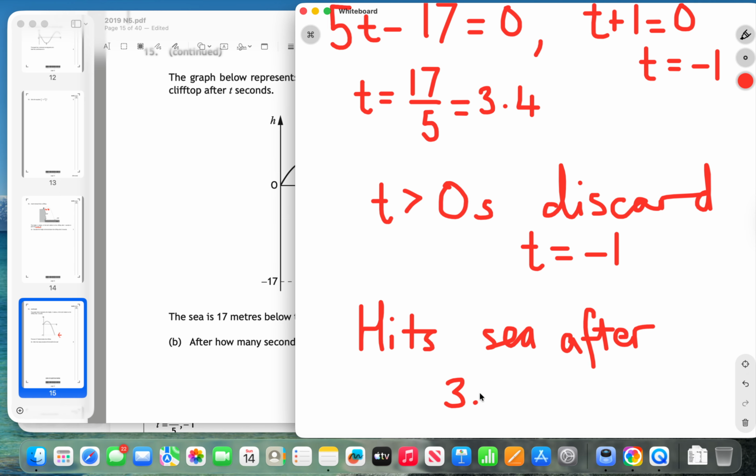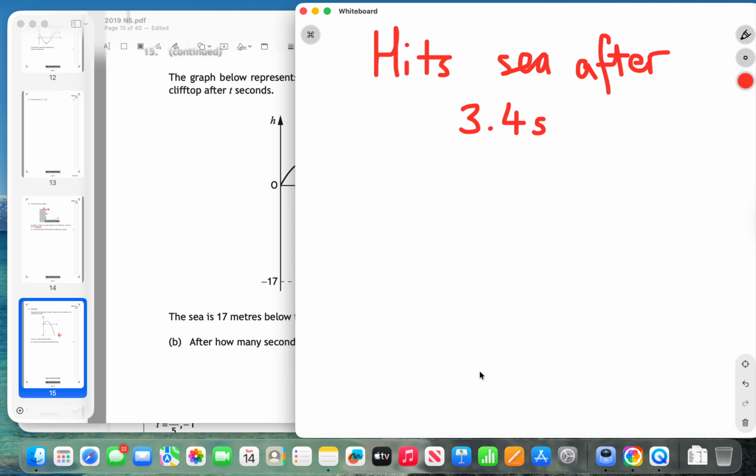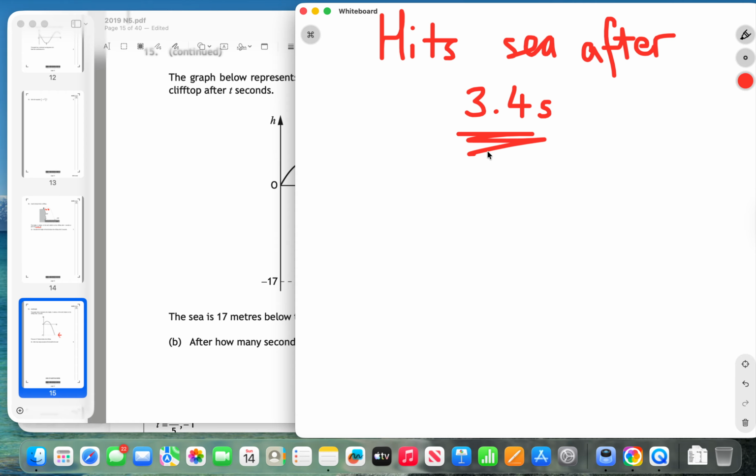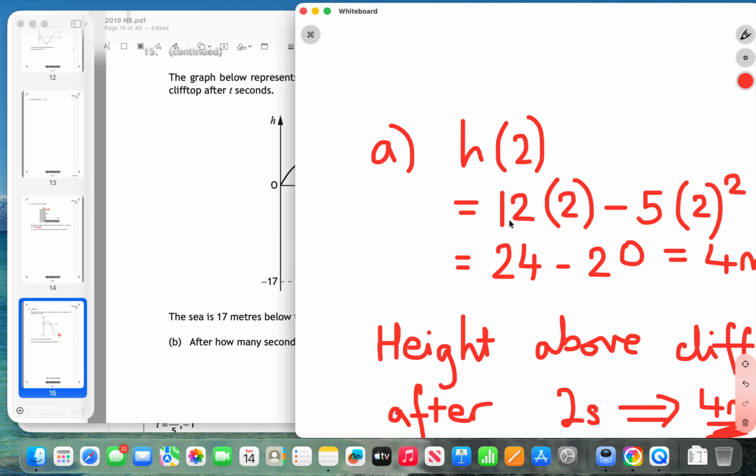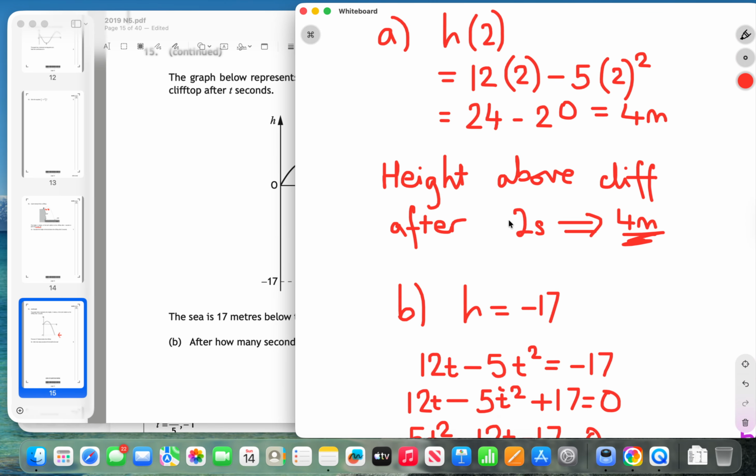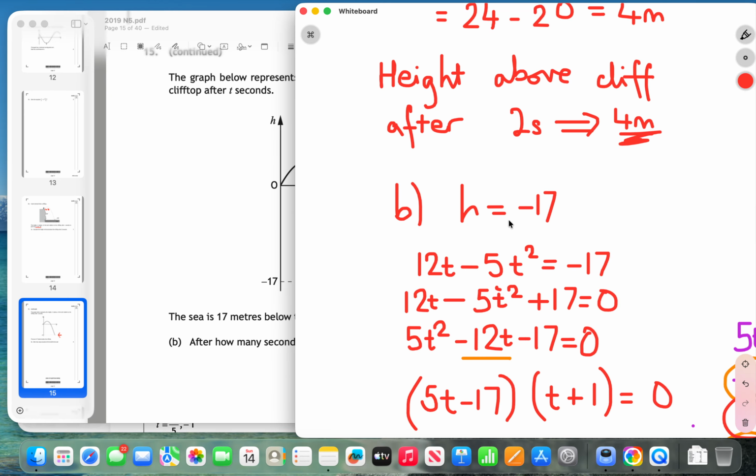So we say that it hits the sea after 3.4 seconds, because that's the only solution that makes sense in this case. And we underline all of this to make clear that's the official final answer.